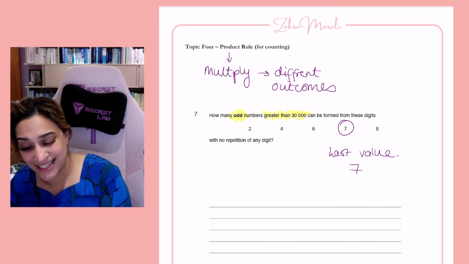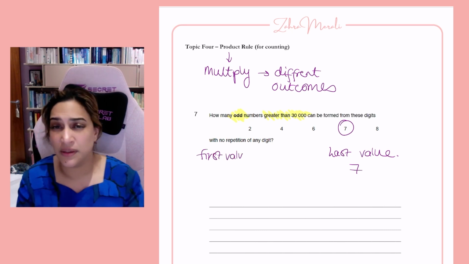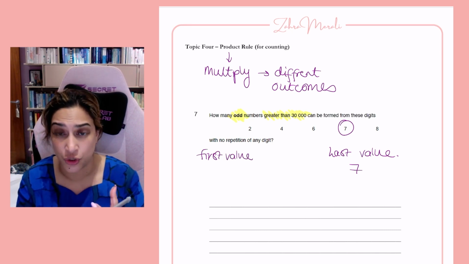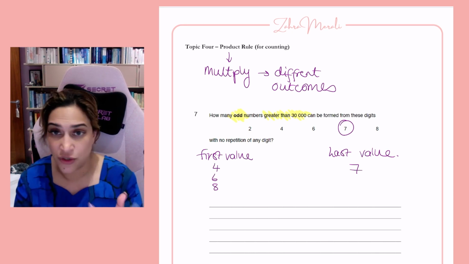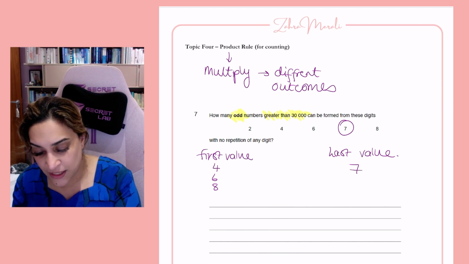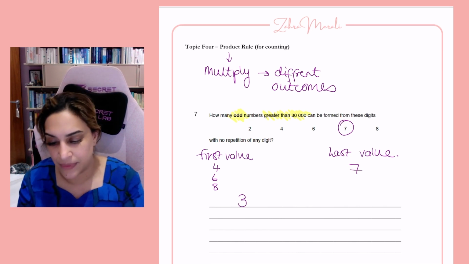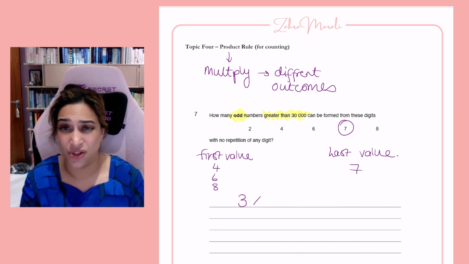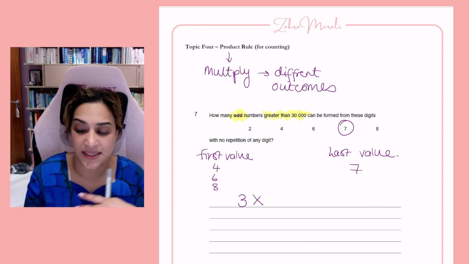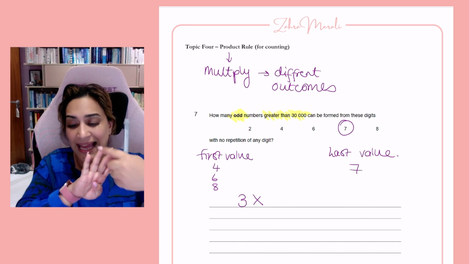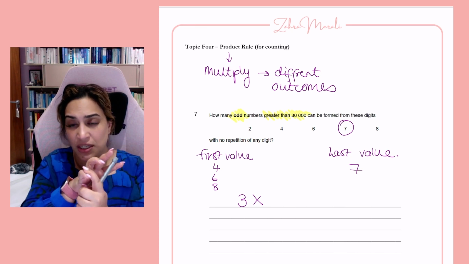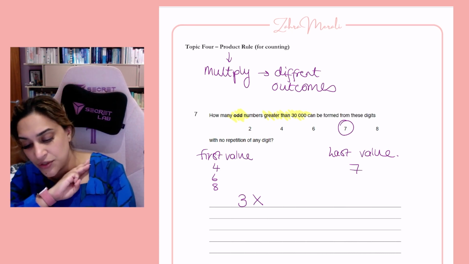We want it to be greater than 30,000, so my first value can't be smaller than 3, so we can't use 2. So the only options are 4, 6, and 8, because remember 7's been used up. So my first value has 3 options. My second value can be any number except for the 7, so that rules it down to 4, and except for the one I just used as my first value.